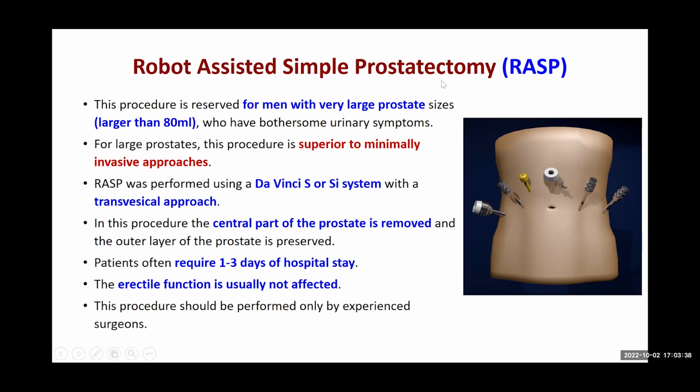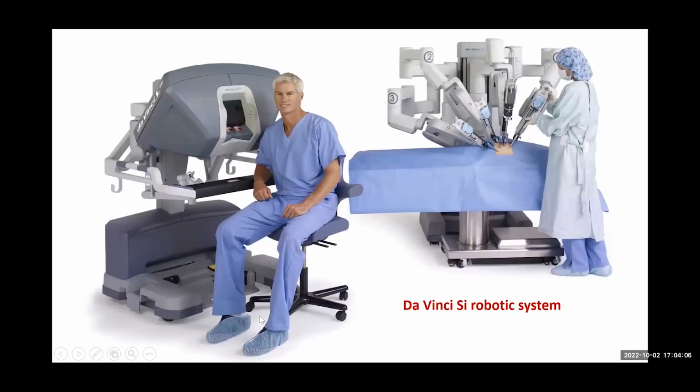This is known as RASP, Robot Assisted Simple Prostatectomy, and it uses a Da Vinci machine. The central part of the prostate is removed, and you see we have got different instruments that have been placed inside the peritoneal cavity, or inside the pelvis. And the surgery is done through a robot.